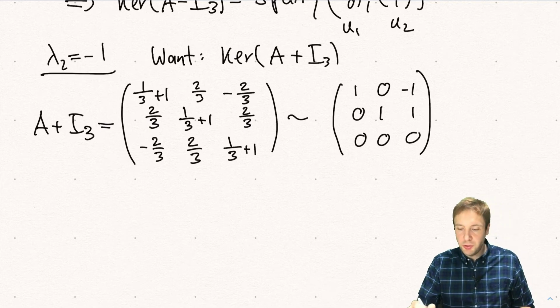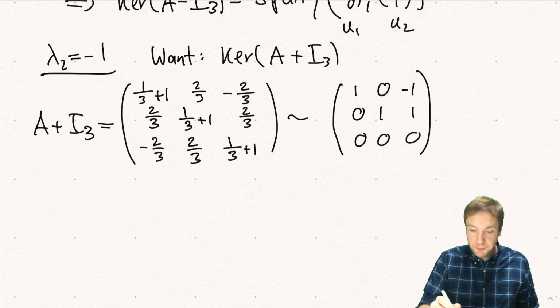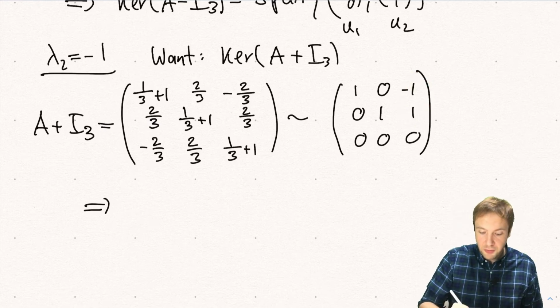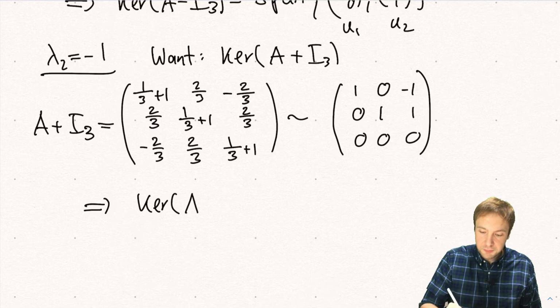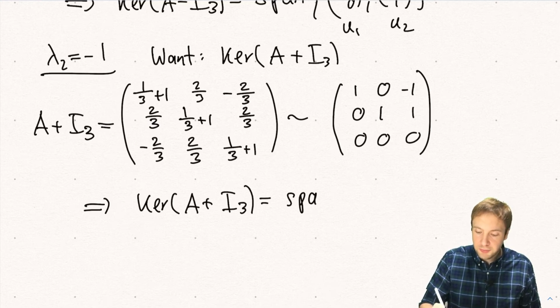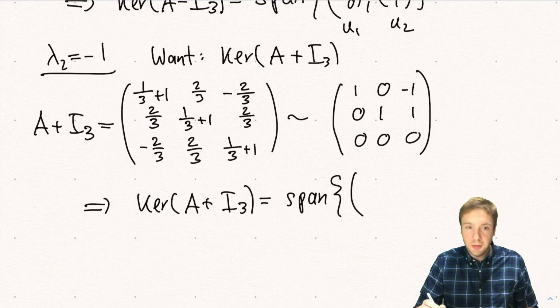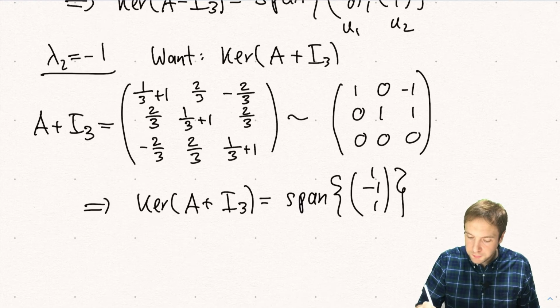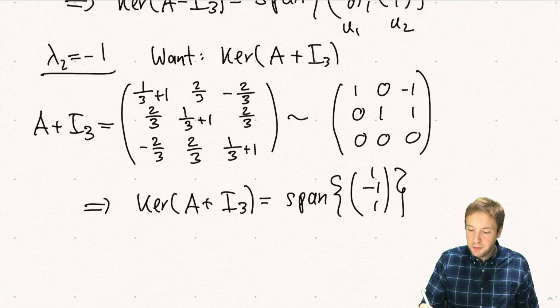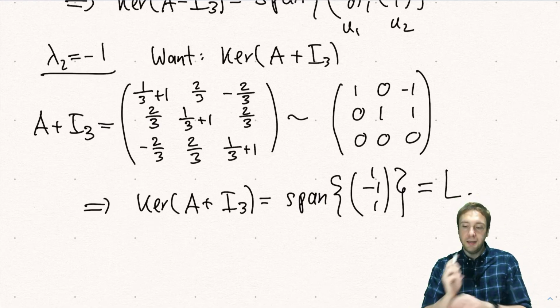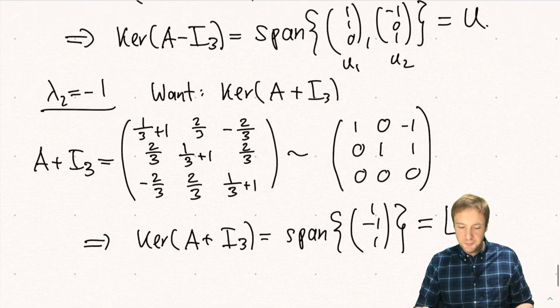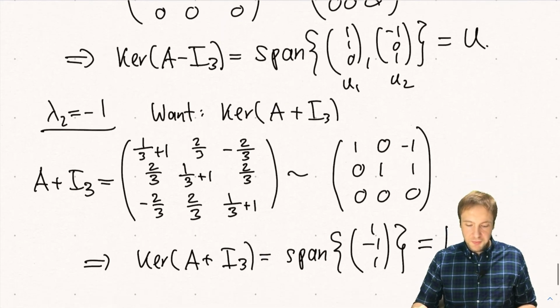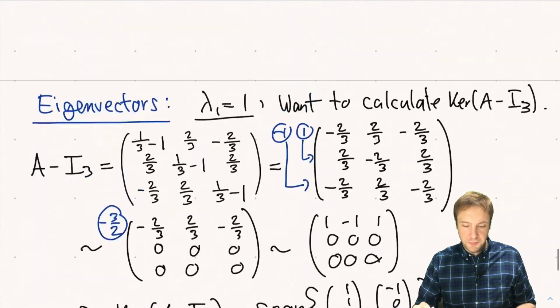So in this case, we just have one free variable, and therefore the kernel of this is just the span of one vector, namely (1, -1, 1). And this is what we called L, this space L, this line before.